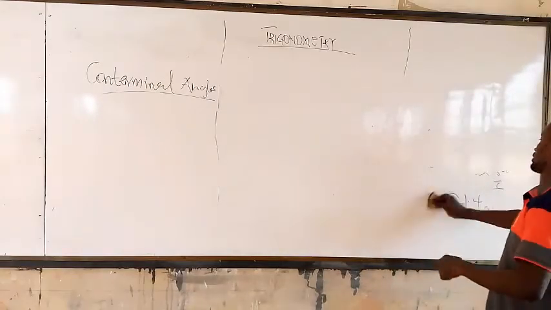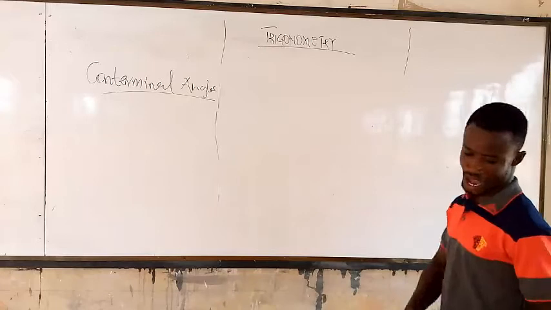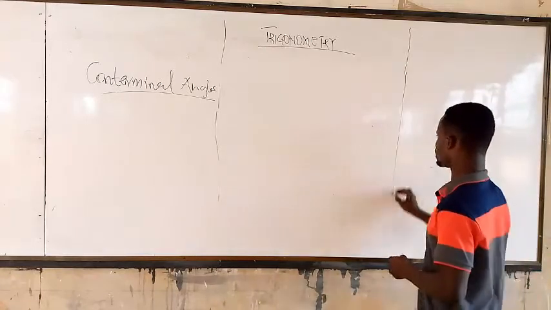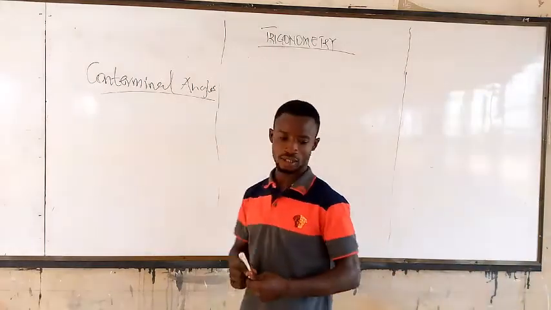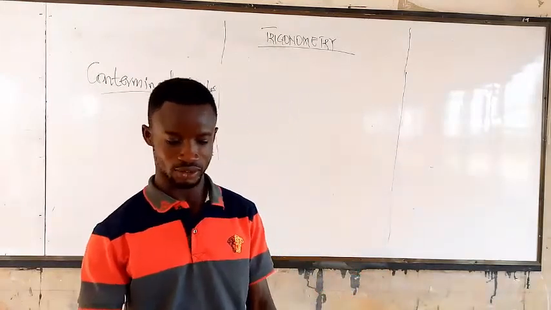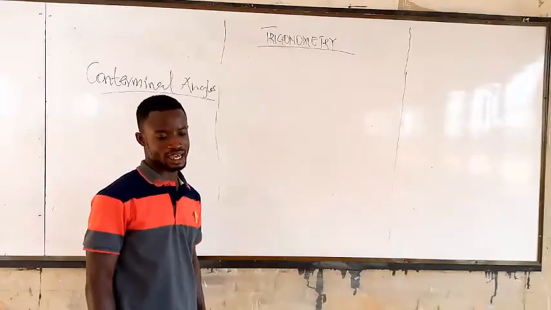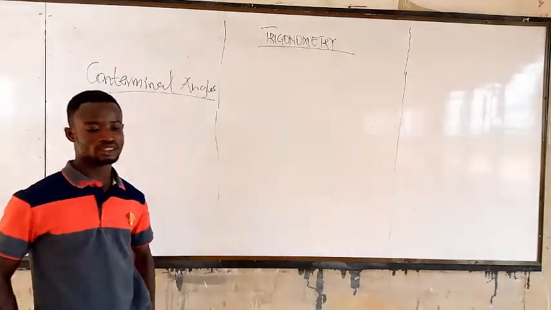So all that we are going to do at coterminal angles is so simple. Alright, let me introduce something nice to you. Angles A and B are coterminal.